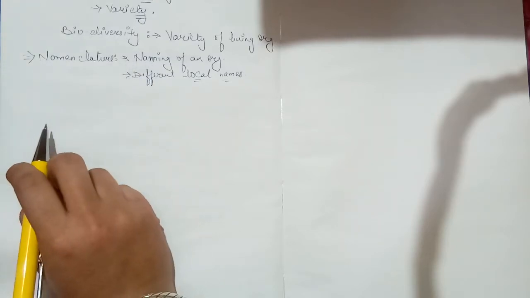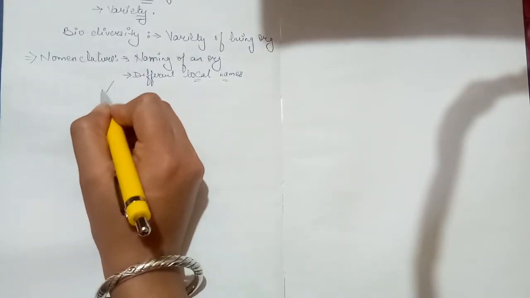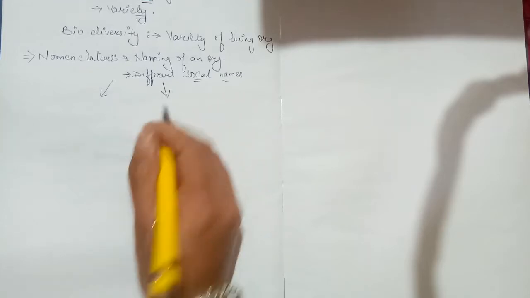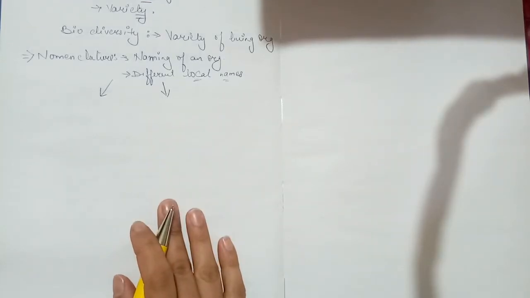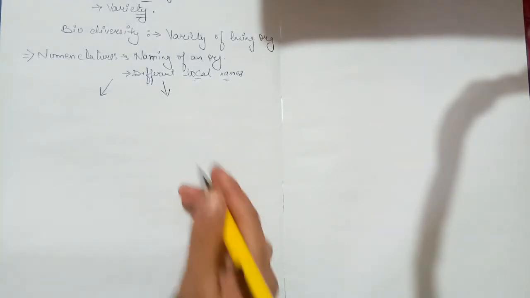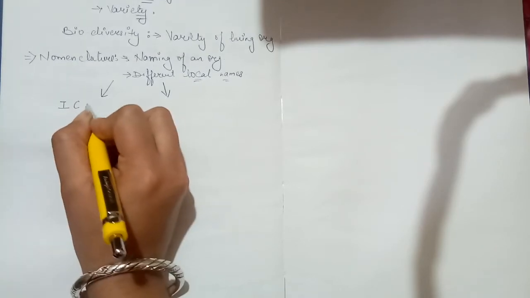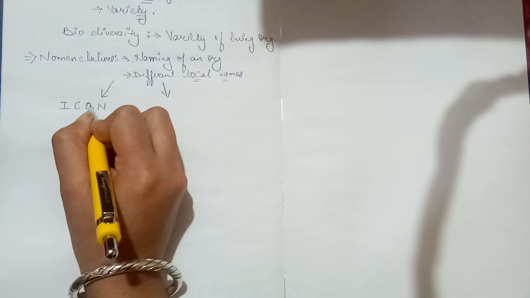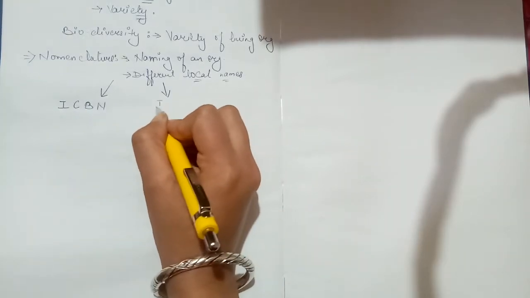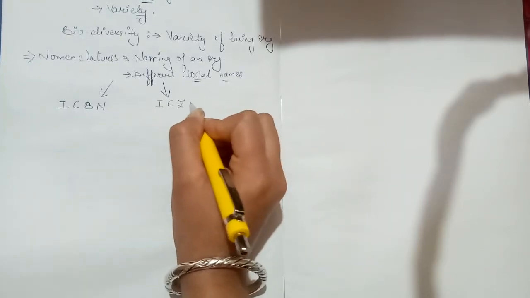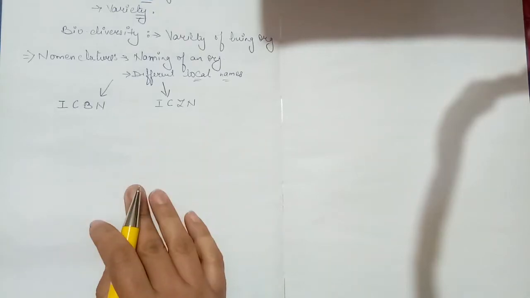And for this there are two councils which name plants and animals differently. One is the International Council of Botanical Nomenclature and the other one is the International Council of Zoological Nomenclature.